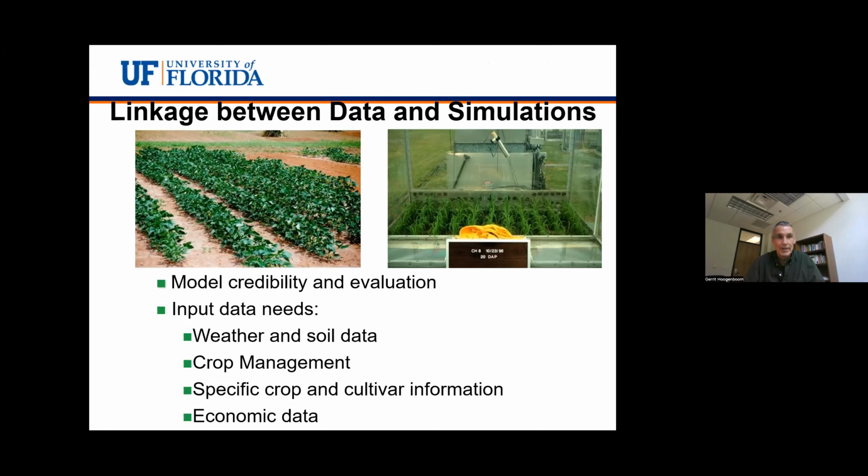So at least from our perspective, we can always recommend additional experiments that are required to help improve our crop simulation models and to help improve responses of our simulations to certain inputs. So we can do that on field experiments, or we can do that under a controlled experiment as shown here, as one of the SPAR units we had here at the University of Florida quite a few years ago.